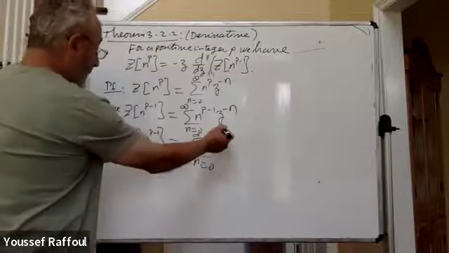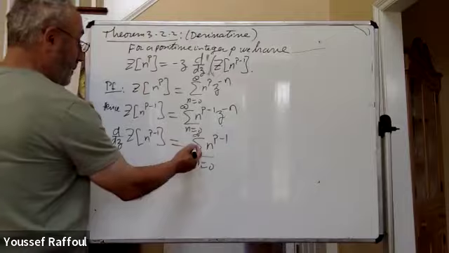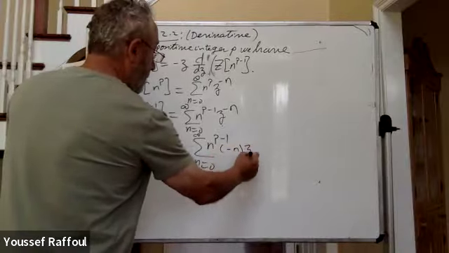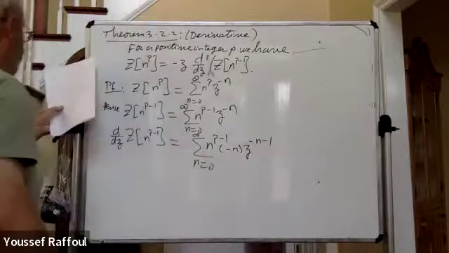Now remember, I am differentiating with respect to z, so that will be minus n z^(-n-1).